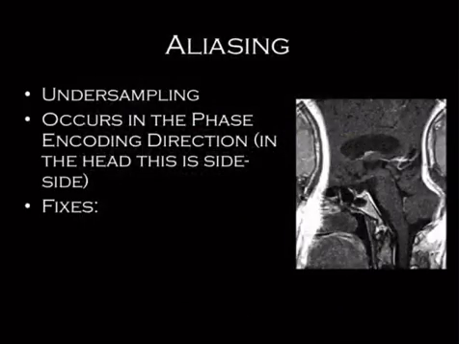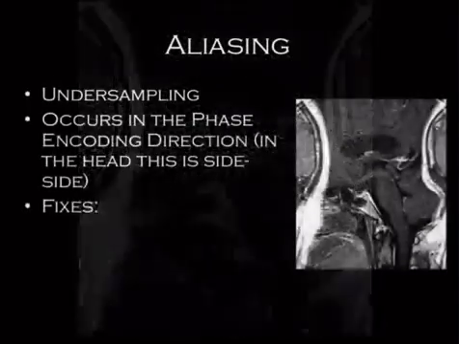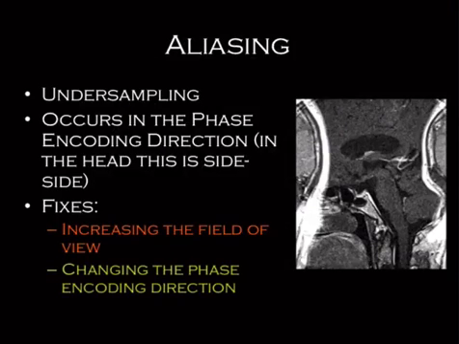Now, I should mention that for the purpose of multiple choice, there's two basic things you need to know about for every artifact that you see. First one is you should be able to recognize the named artifact. There's an artifact, and you have to know the vocabulary word that goes along with it.